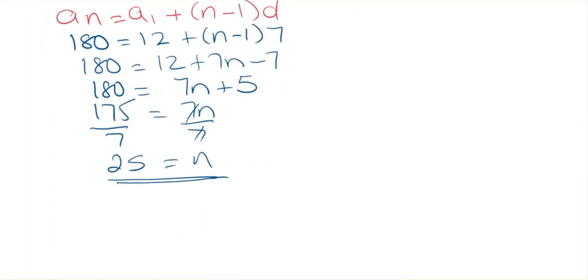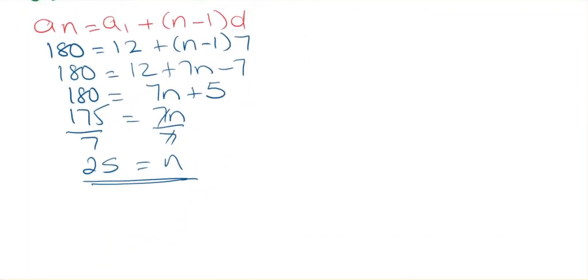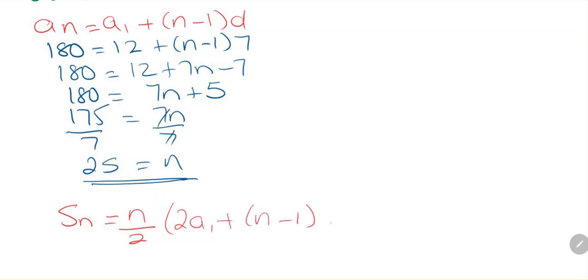So we found n, and now we can put this into the formula. It doesn't matter which formula we use, we can use either. I'm going to use the sum of n equals n divided by 2, times 2A1 plus n minus 1 times d.